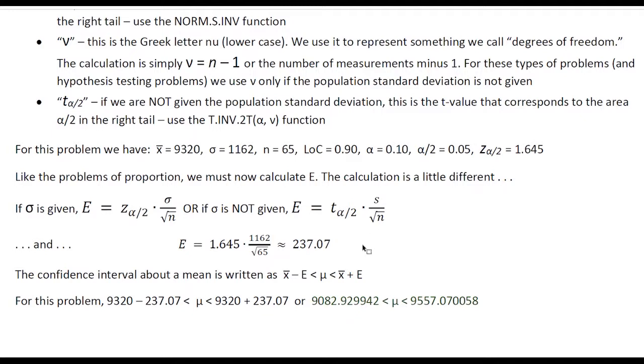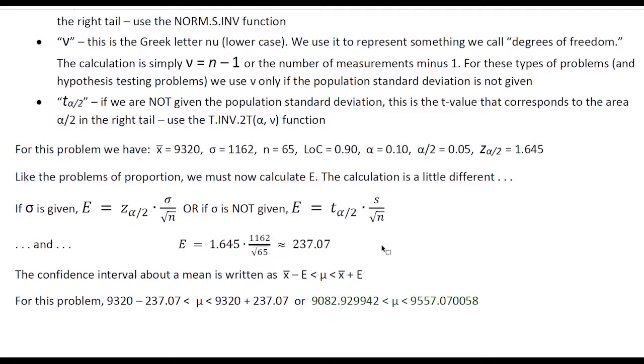So for this particular problem, E is equal to 1.645 times 1,162 over 65, which is approximately equal to 237.07. That's E.